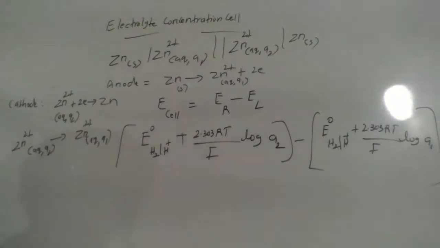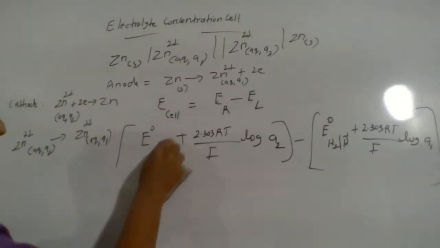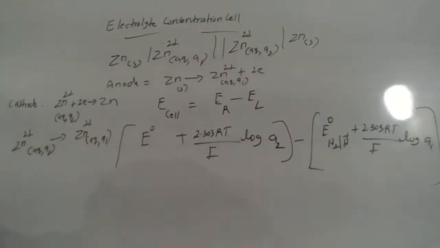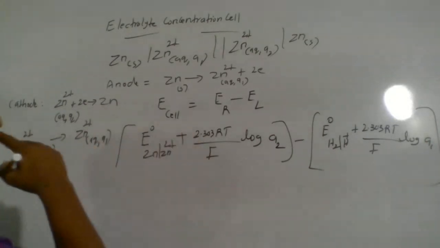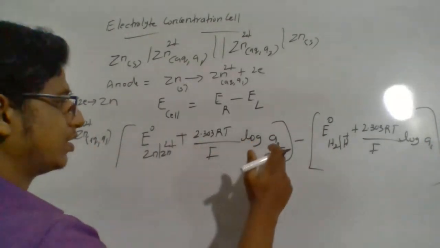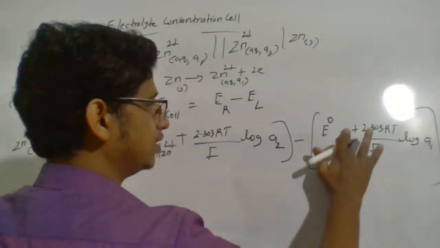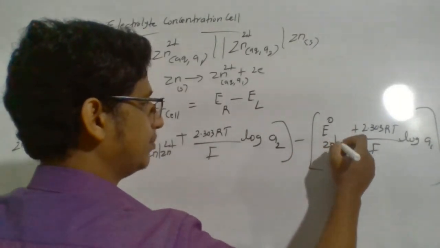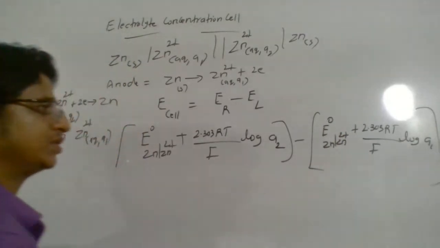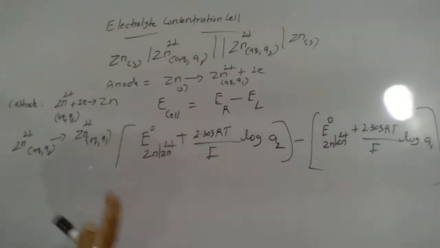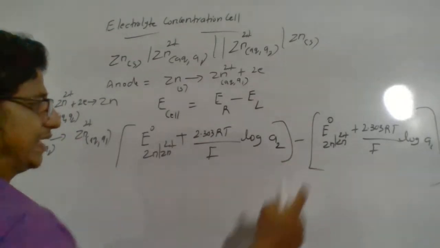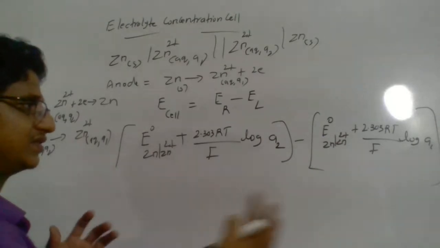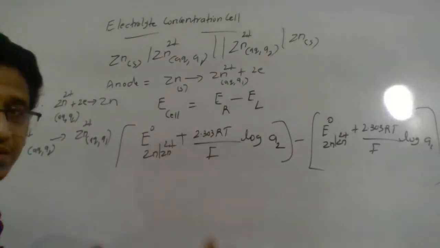Now if you write the EMF of the cell similarly, instead of hydrogen it will be zinc. So you can represent E Zn bar Zn2 plus, 2.303 RT log A2, minus E0 Zn bar Zn2 plus, 2.303 RT by F log A1. So a similar type of expression for the EMF of the cell. So this and this will cancel. The standard electrode potential of zinc, which is the same electrode we have taken, will be 0.